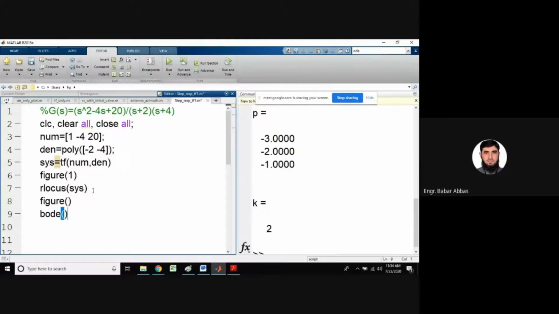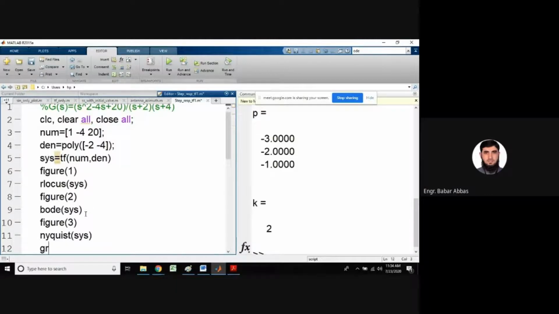Bode of the transfer function having the name sys. This is figure 2. Similarly, figure 3 will be the Nyquist plot, nyquist(sys).